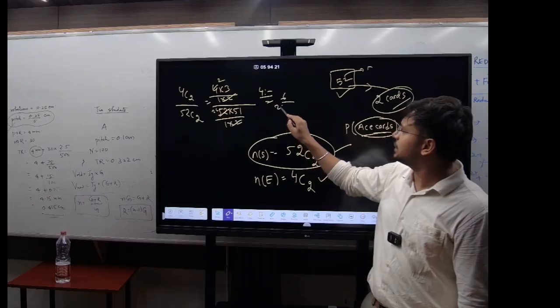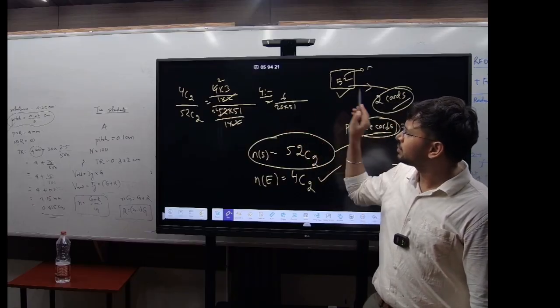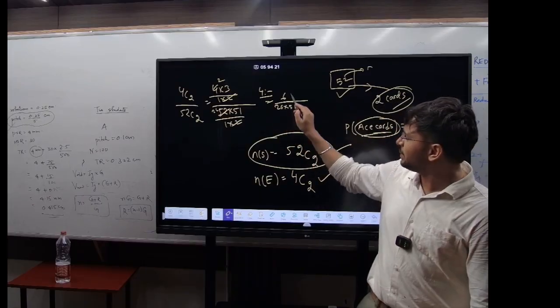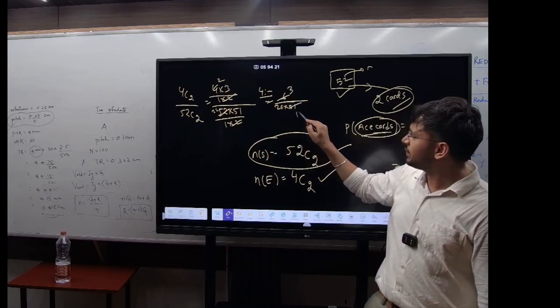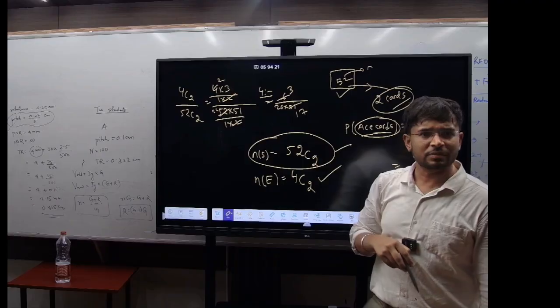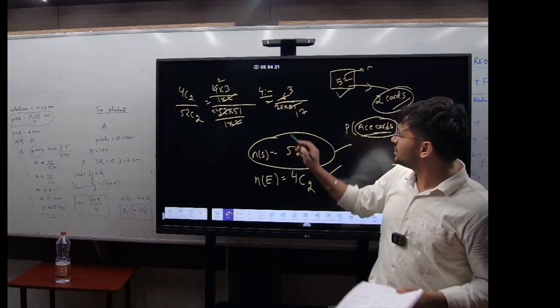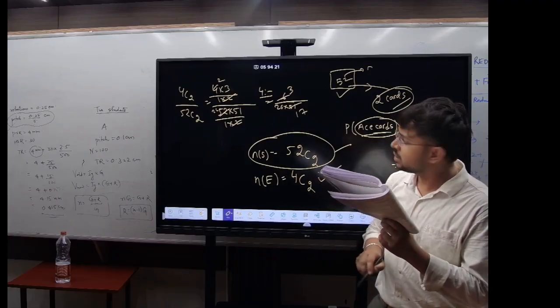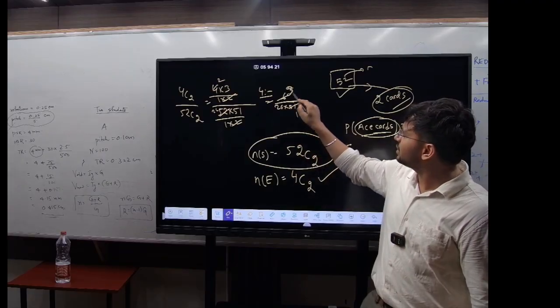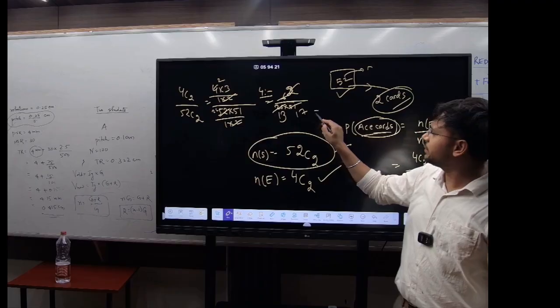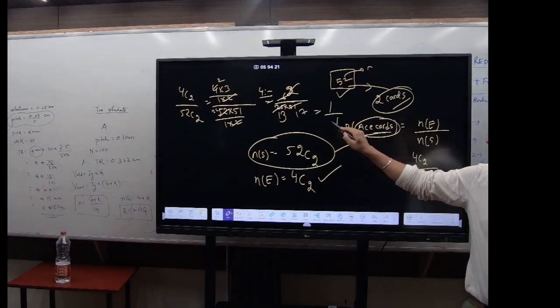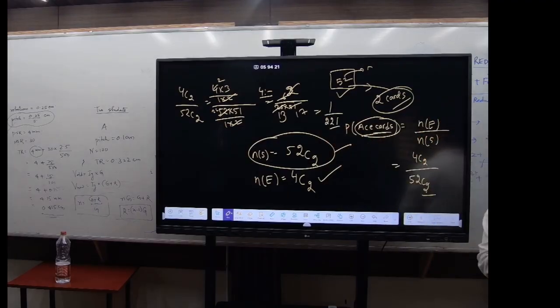So 26 into 51. This will be 3, this will be 17. Now you solve, the value will come. This is 13, so it will come 1 upon 221. Is that understood?